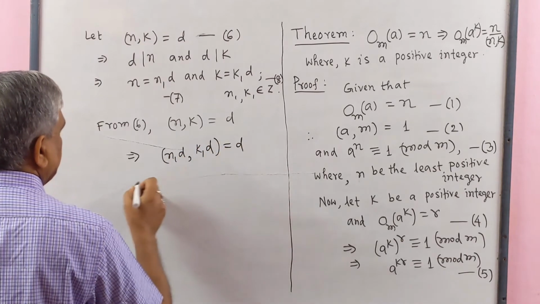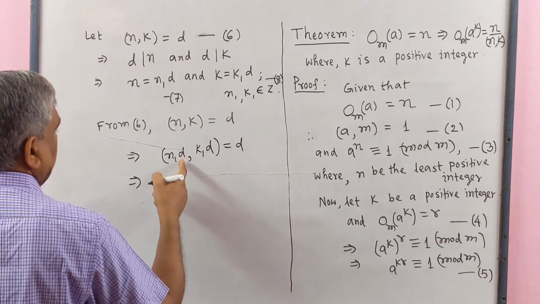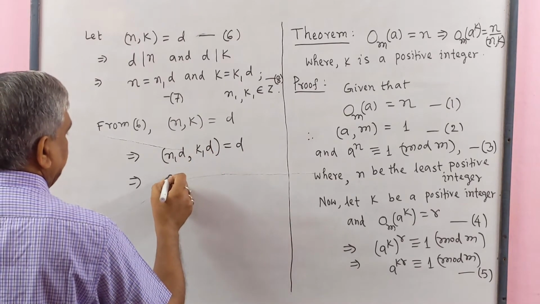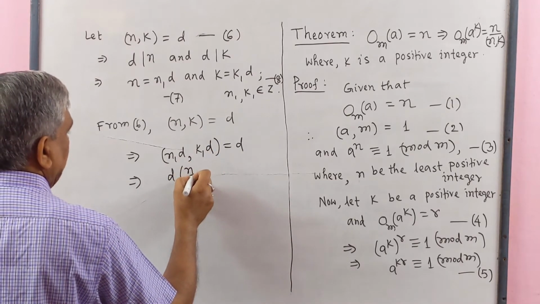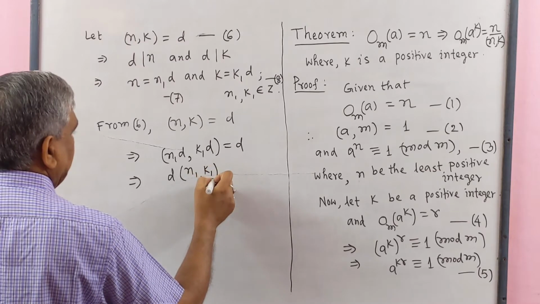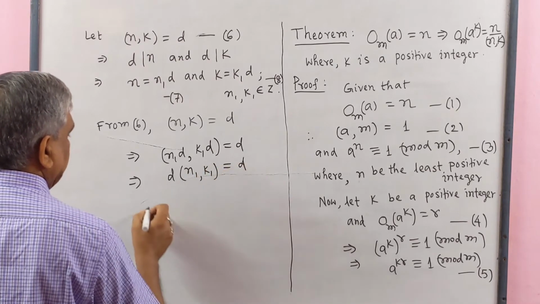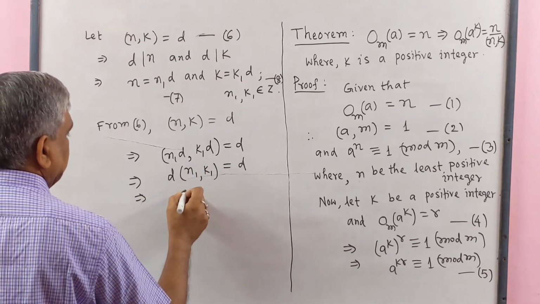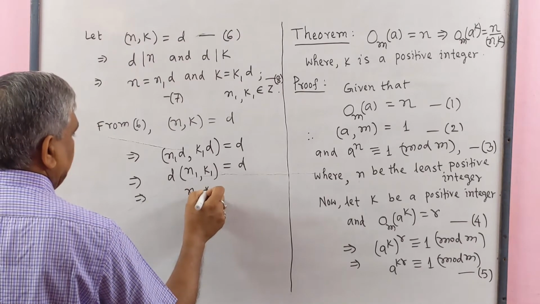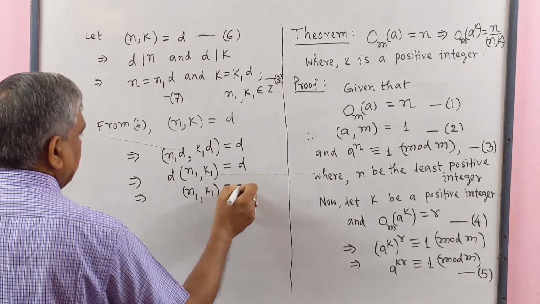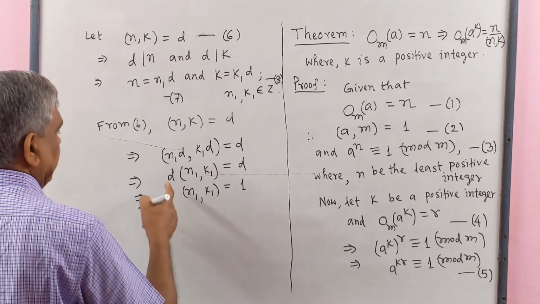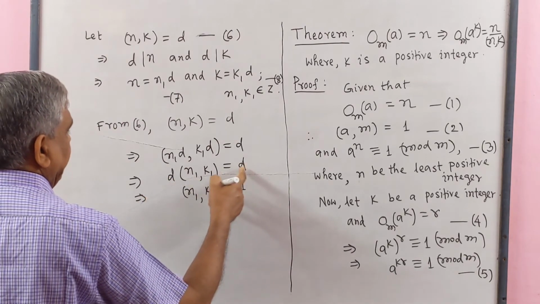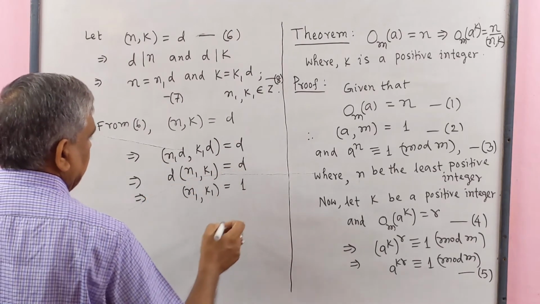We may take d outside: d GCD of n1, k1 equal to d implies that GCD of n1, k1 equal to 1. Here we divide d on both sides.